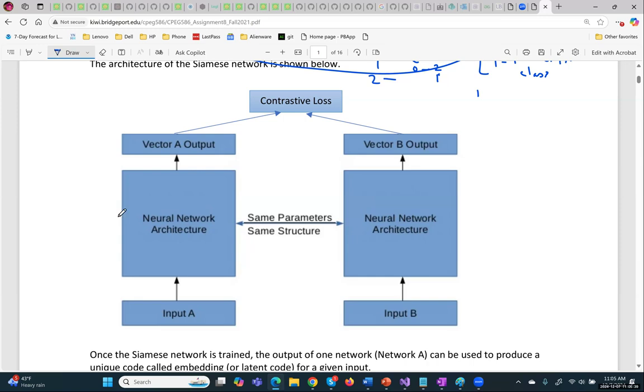So both networks have the same parameters, same structure. When we set it up, there are 2 possibilities. One is we literally create 2 networks with identical weights and biases in the beginning. The other is, no, just create 1 network. Let me draw it out. Just create this part.